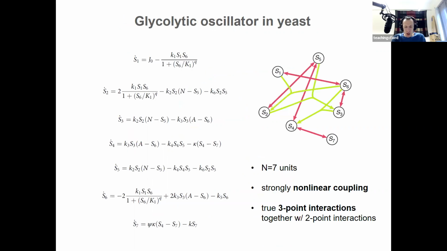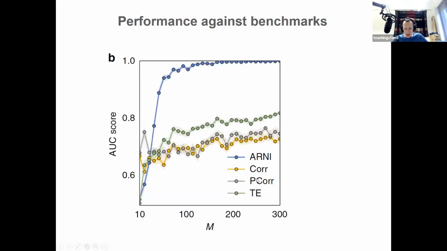Yeah. This is another example. Now only 7 units, but first, the coupling is strongly nonlinear, and second, there are pairwise interactions and there are also 3-point interactions involved, together with 2-point ones. It's a model of a real system, an oscillator in yeast, and that's the result. It looks roughly similar.